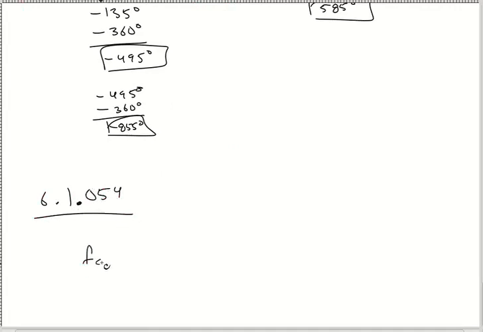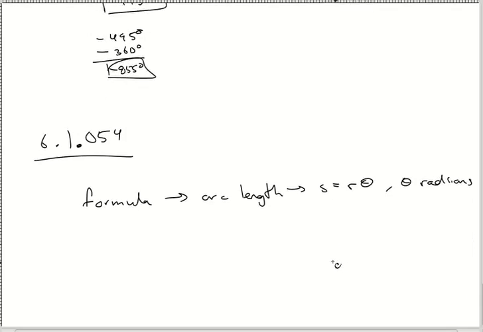So they give me this formula for arc length: S is equal to R theta. My arc length S is equal to R times theta. The one thing is that theta must be in radians for that to work.